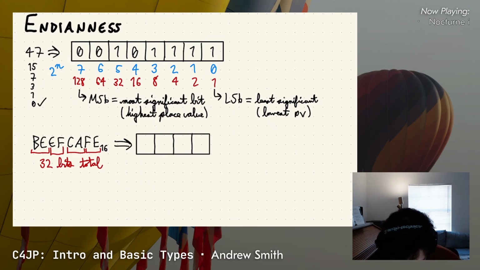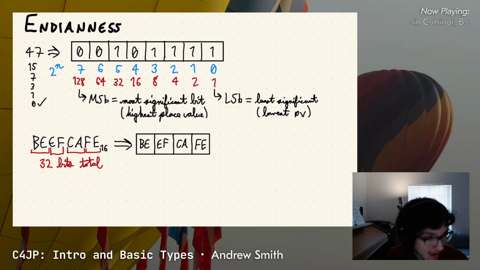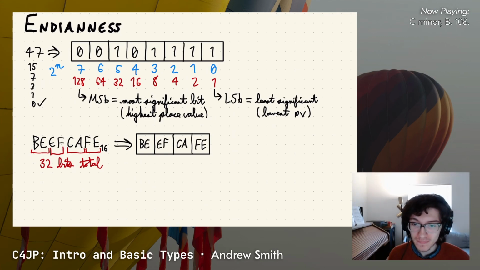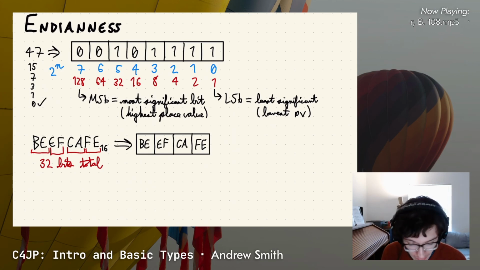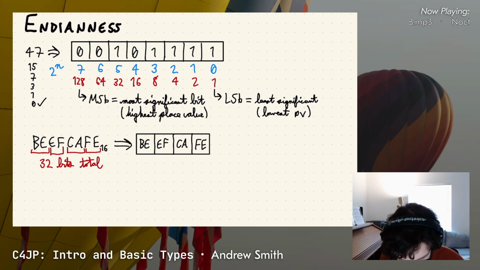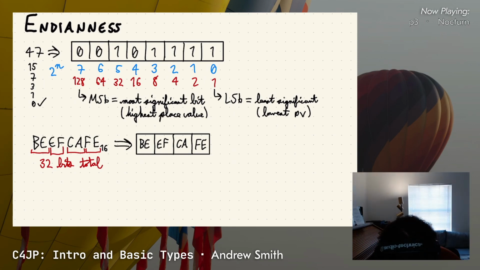In memory, we would have BE, then EF, then CA, and then FE. Where the beginning of this block that we've written is going to be the lowest address in memory, and this end is going to be the highest address in memory.